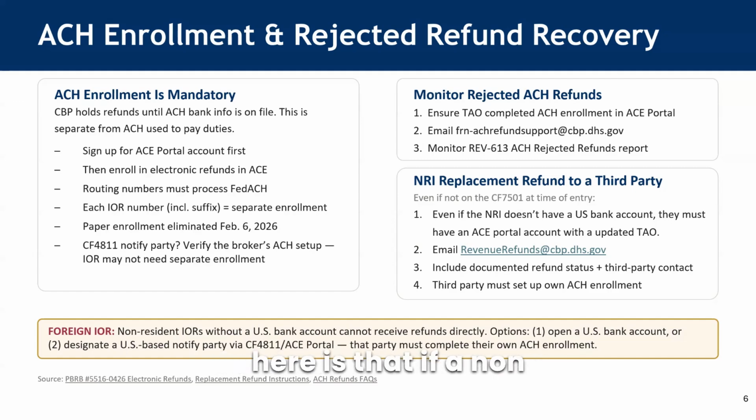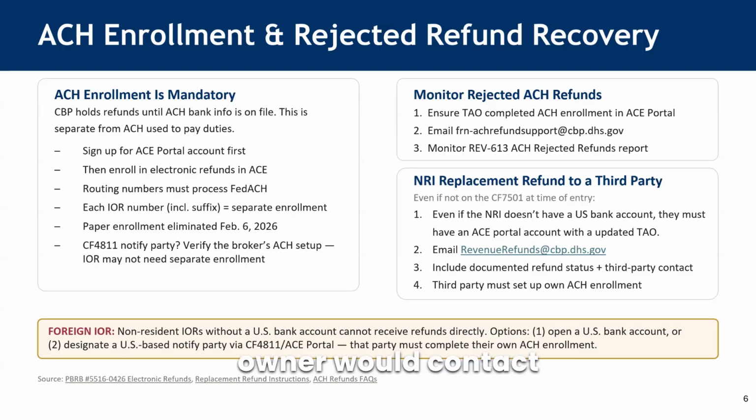So what I'm trying to say here is that if a non-resident importer files the CAPE Declaration and it's reviewed and approved by CBP, the payment is going to still be rejected if there is no ACH account loaded with a US bank. So in that instance, that refund has to be rerouted to a qualifying third party. So in that instance, the trade account owner to the ACE account. So again, the non-resident importer has to have its own ACE account.